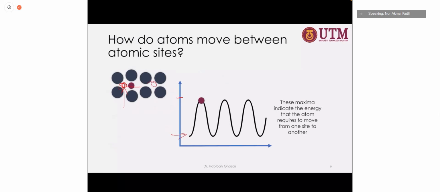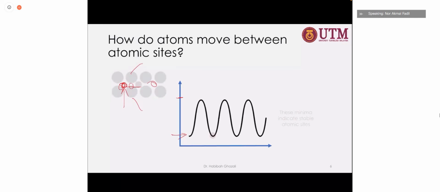another side. For this example, it is not a vacancy, but a gap between the atoms. If it receives energy from the outside, it becomes able to squeeze past this atom and then move to another side, which indicates the stable site.